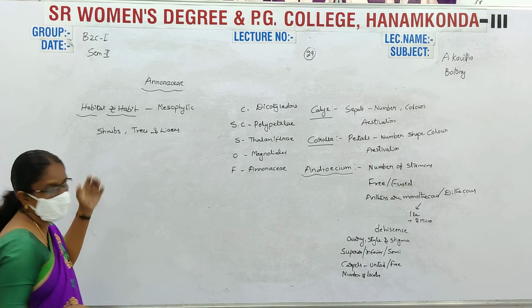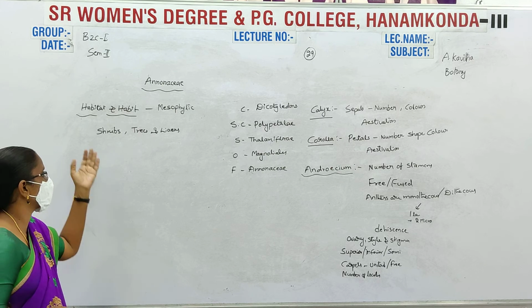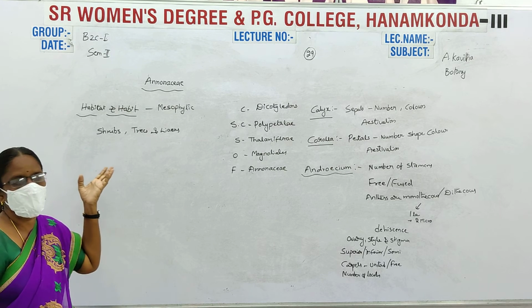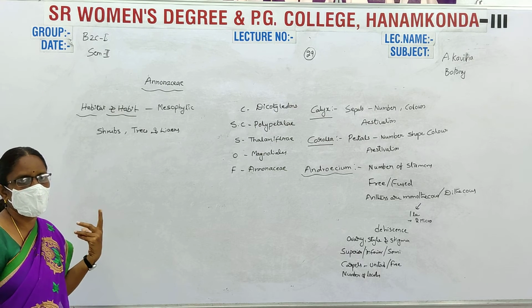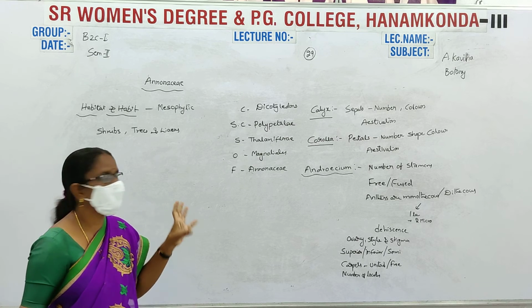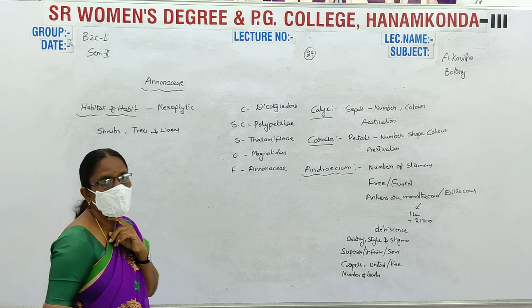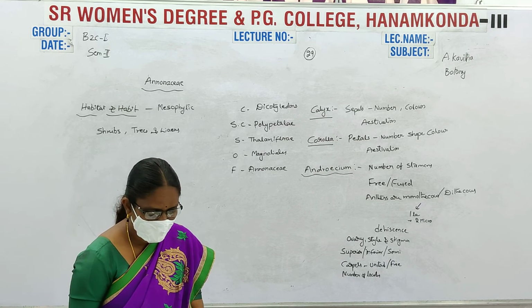For example, the shrub example is Annona squamosa, the custard apple. The tree example is Polyalthia longifolia. And the liane is Artabotrys. Artabotrys is a liane.